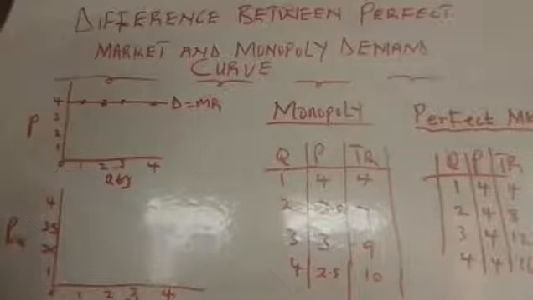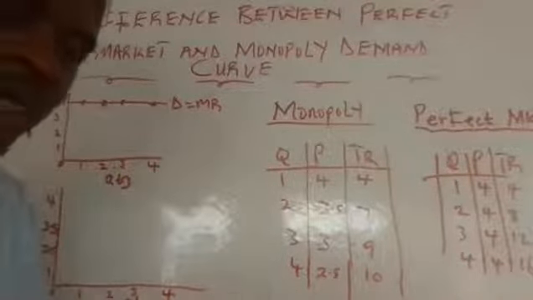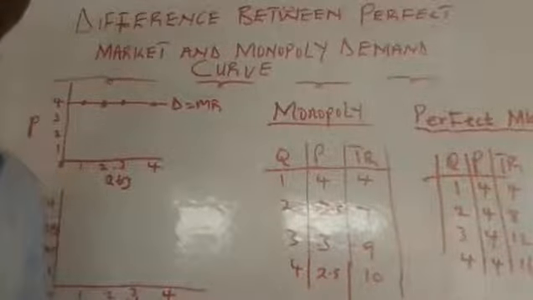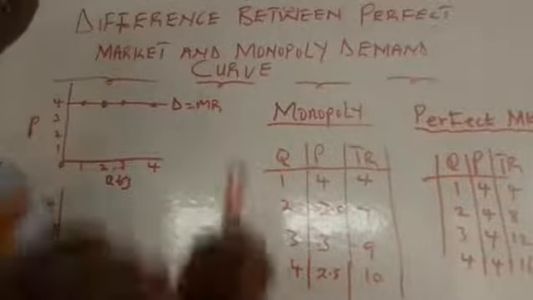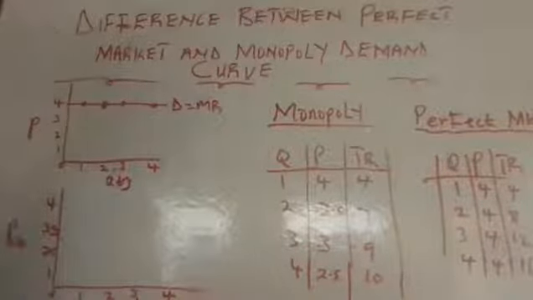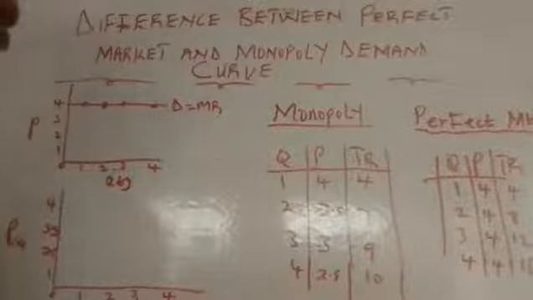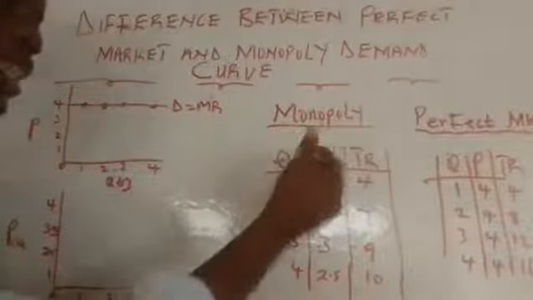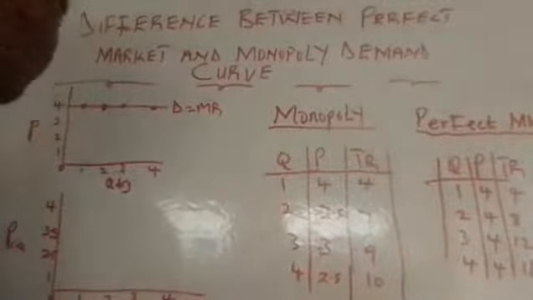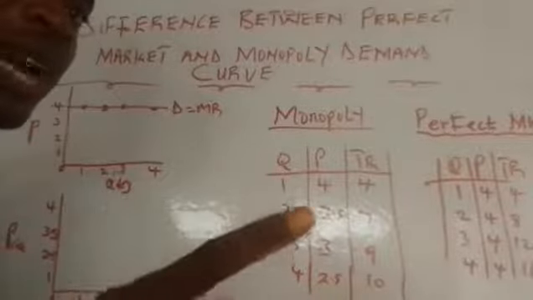It can only set the price, so it cannot force consumers to purchase a particular unit of output. What he can do is reduce his price, and then the consumer can purchase more. So in a monopoly market, the lower the price, the higher the quantity demanded.